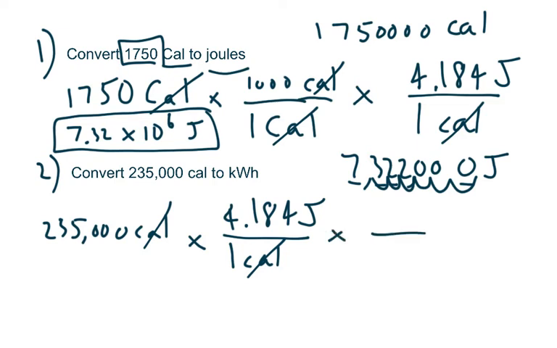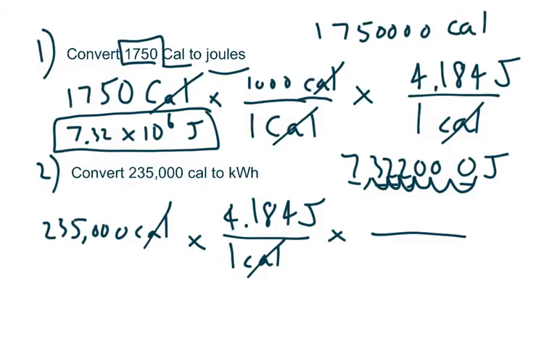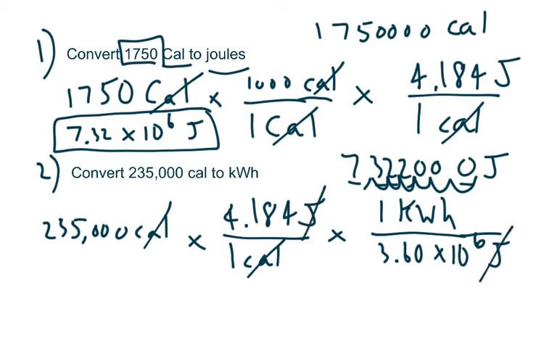But then what we could do is we can set this up using the other conversion factor down here. Notice a kilowatt hour has 3.60 times 10 to the 6 joules. So we want to go to 1 kilowatt hour, and it's 3.60 times 10 to the 6 joules, just like this. So there's a 6 here, allowing the joules to cancel.